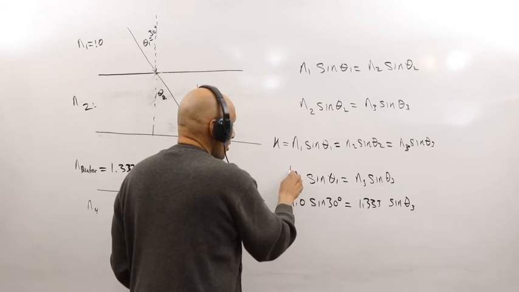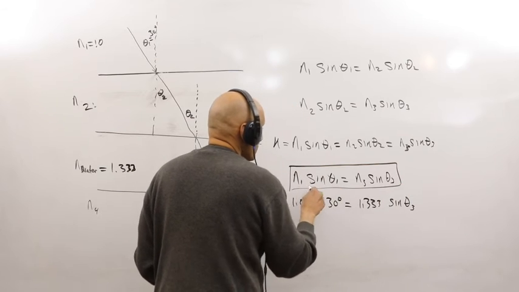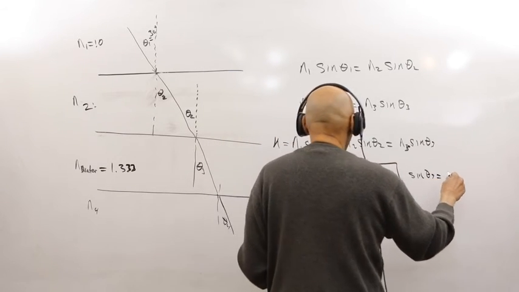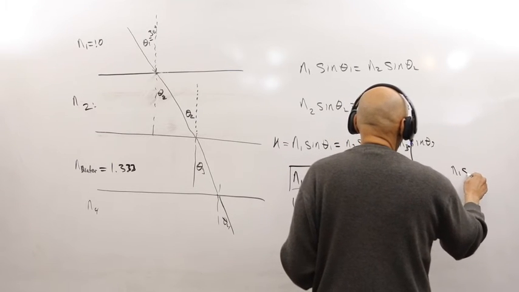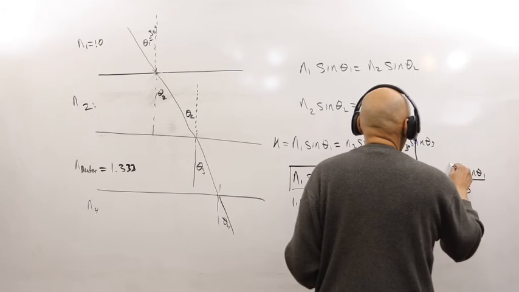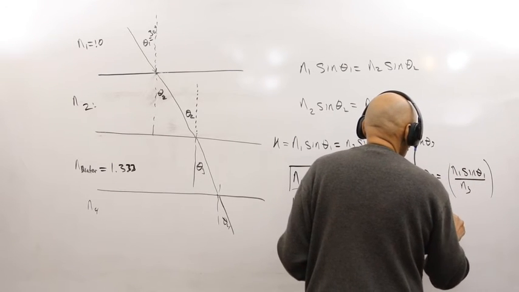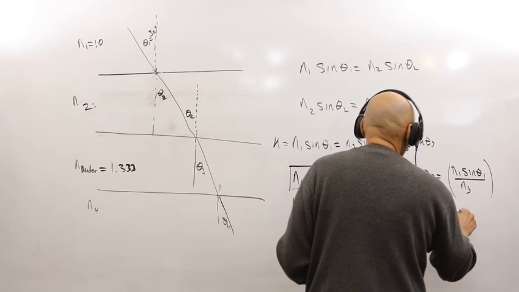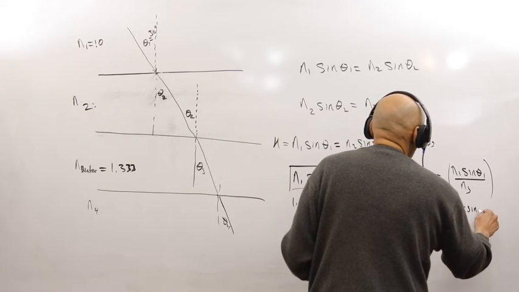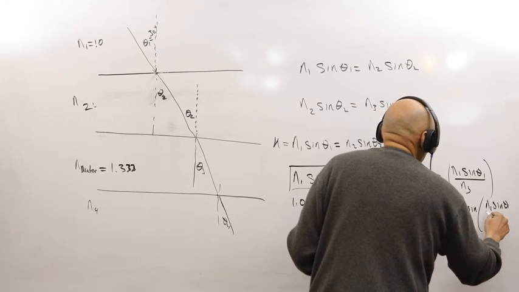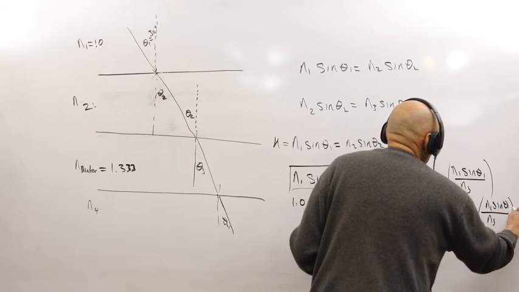It's preferable that you play with the equation and say that sine of theta 3 is equal to n1 sine of theta 1 divided by n3, and then do a substitution, say that theta 3 is equal to arcsine of n1 sine of theta 1 divided by n3.